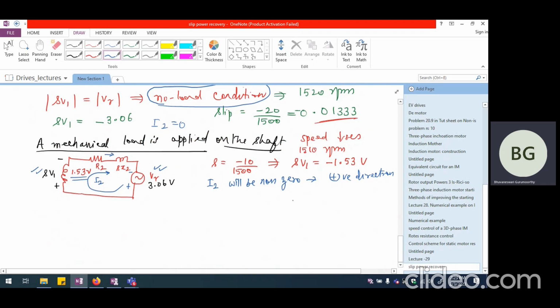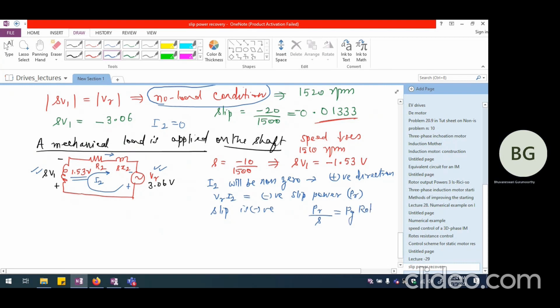So I2 is positive. But VR is negative. So VR times I2 is going to be negative, which is the slip power. Now slip is negative. So PR is negative, slip is negative. So PR divided by S, which is rotor input PG, both being negative, numerator as well as denominator, that will be positive.